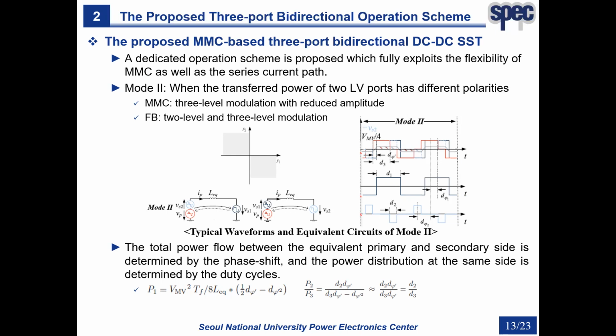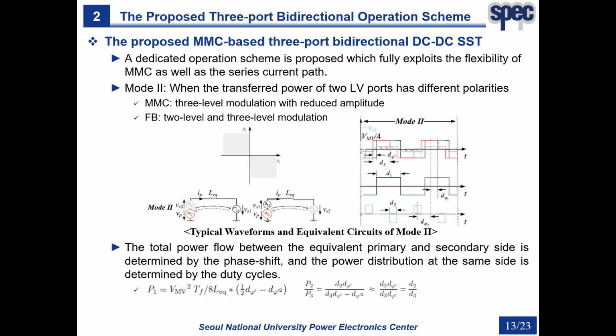Considering the series current path, the ports with the same power polarity can be virtually moved to the same side, as shown in the equivalent circuit. Assuming LVDC port 2 and MVDC port 3 have the same power polarity, the equivalent AC voltage source of port 2 is virtually moved to the primary side.